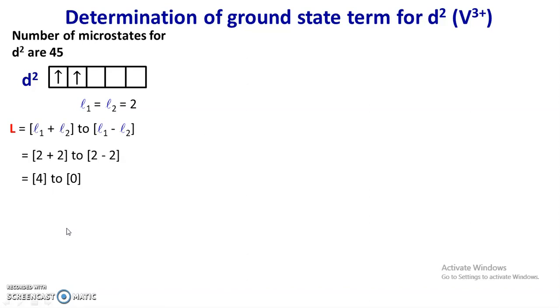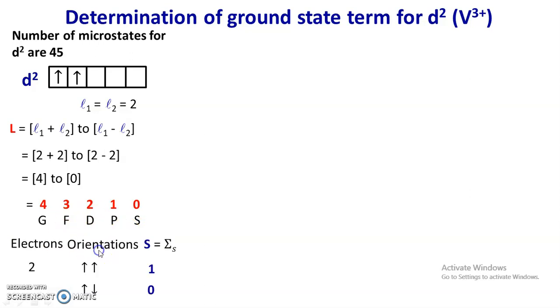Each L value differs from its neighboring value by 1. So the possible L values are 4, 3, 2, 1, 0, and these are the corresponding state symbols. Now there are 2 electrons with 2 possible orientations. One orientation is that the electrons have parallel spin.